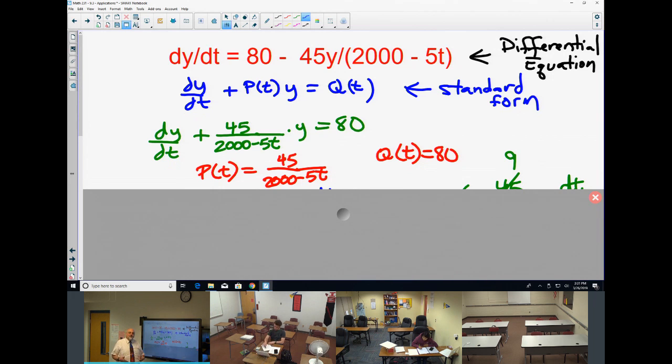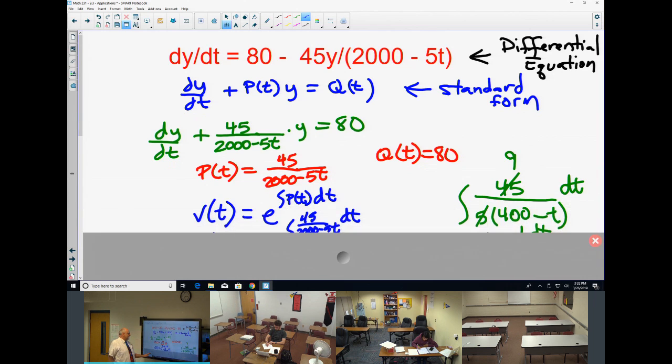So now I'm using the process that we did yesterday to solve these. All right, next I find the v of t. So the v of t is e, this is called the integrating factor.